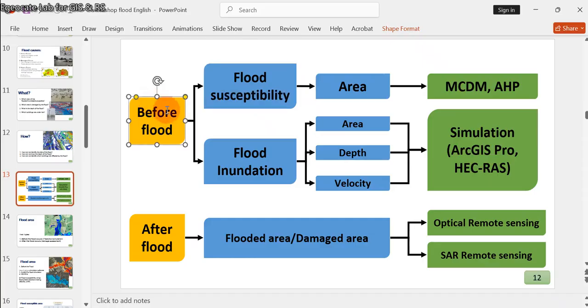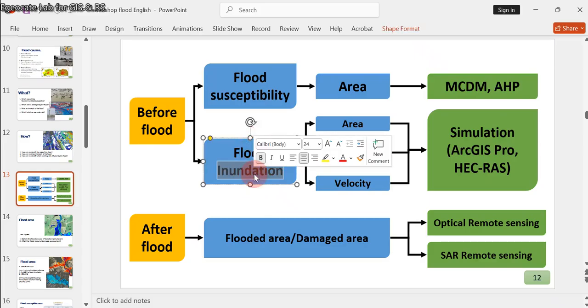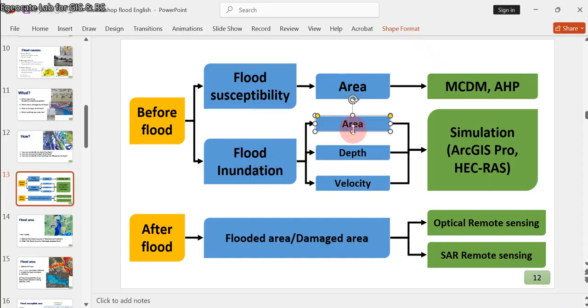This is before the flood. So we predict the flood susceptibility. But we also have another methodology, which is that you can identify flood inundation areas. In the flood inundation, we can know, understand and identify which area will be inundated, what is the depth of this inundation, and also what is the velocity of this flood.